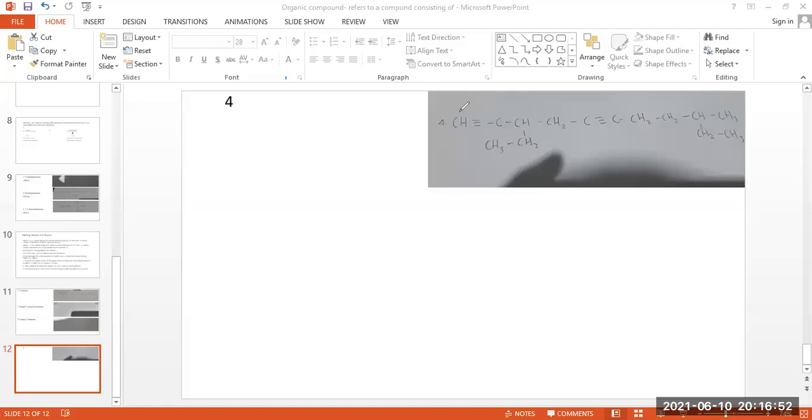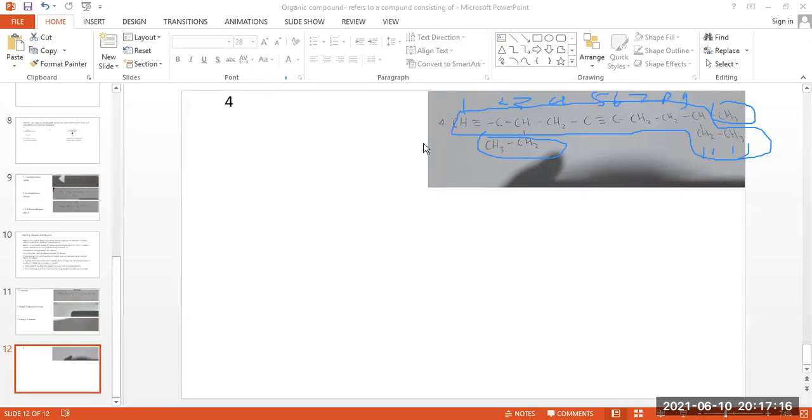This is the longest parent chain. These are the branches here. 1, 2. The closest is this one. So 1, 2, 3, 4, 5, 6, 7, 8, 9, 10, 11.